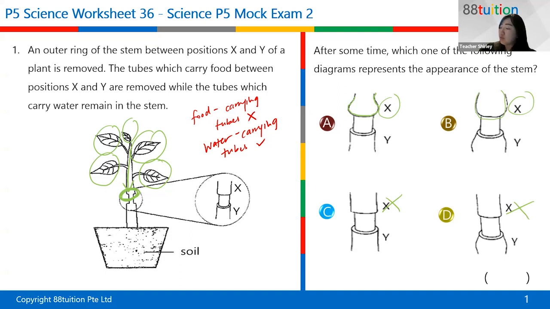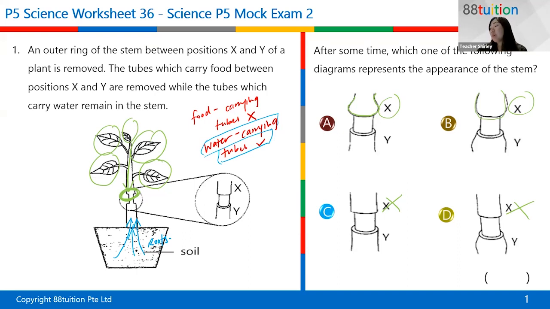Because Y transports water. So where does the water come from? Water is usually transported up from the roots, right? So the roots are here. But the water carrying tubes are still intact. There are still water carrying tubes over here.